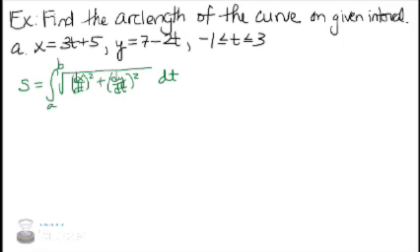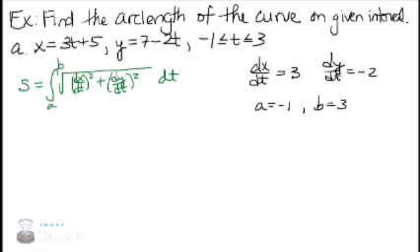Before we can plug in, we need to figure out dx/dt and dy/dt. dx/dt is just going to be 3 in this case, and dy/dt is just going to be -2. a and b are referring to the endpoints of our interval of t values, so a would be -1 and b would be 3. So we're going to have the integral from -1 to 3 of the square root of 3 squared plus (-2) squared dt.